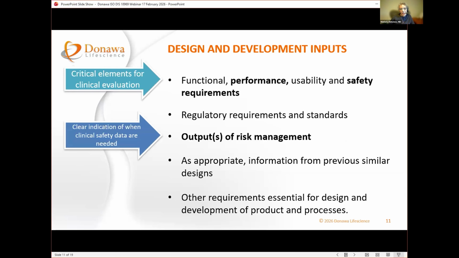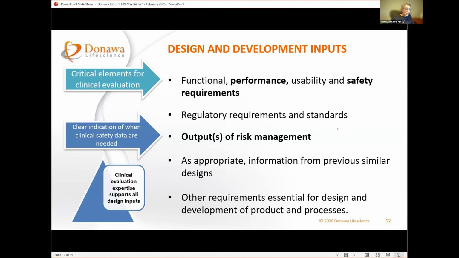So we're talking about how the standard 18969 can be useful in the process of arriving at the information that you need to develop.